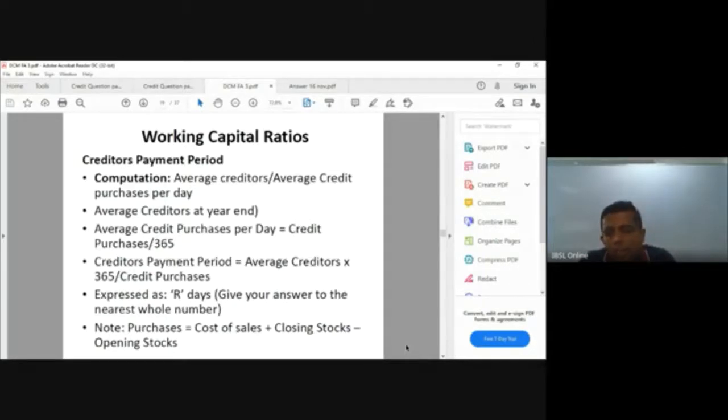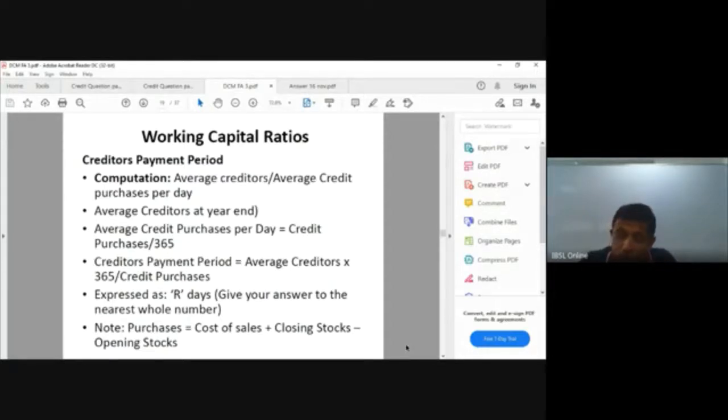When you are analyzing a client's financial statements, if the creditors payment period is higher than the normal accepted level, say 3 months, 4 months, you have to find reasons why. If it is due to the company's ability to get a longer credit period, then it is fine.